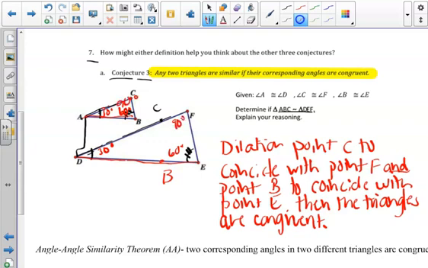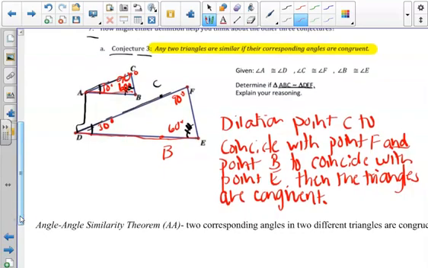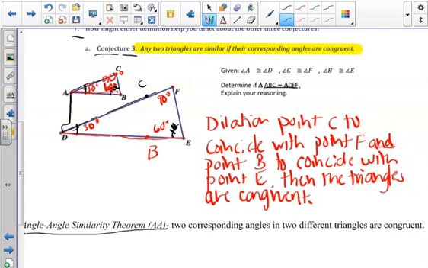So the minimum amount of information needed to prove that these triangles are similar is actually only 2 corresponding angles. And in math, we call this the angle-angle similarity theorem. So if we know 2 corresponding angles in 2 different triangles are congruent, we can conclude then the triangles are similar.